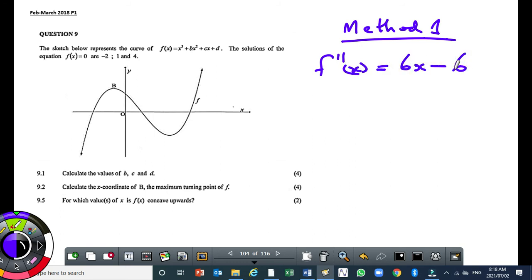There is also a notation for the second derivative using dx and dy, but at this stage I don't want to confuse anybody with it because it's a little more complex. So I'll use f double prime of x. Do you remember what I said regarding the inequality for concave up? It's greater than. So f double prime of x is greater than 0.